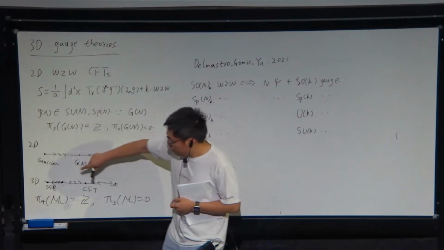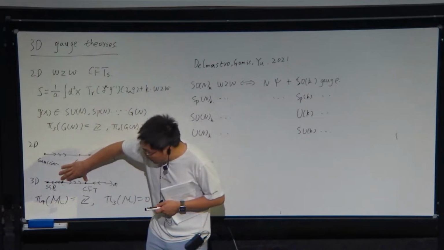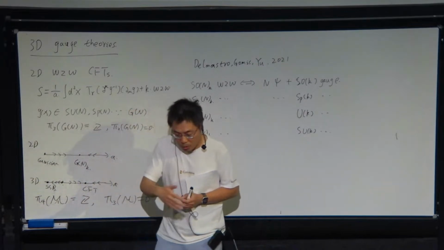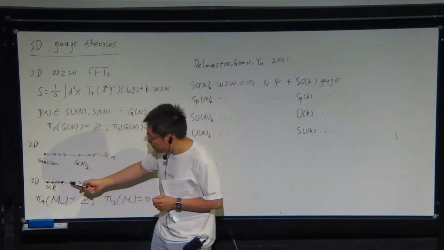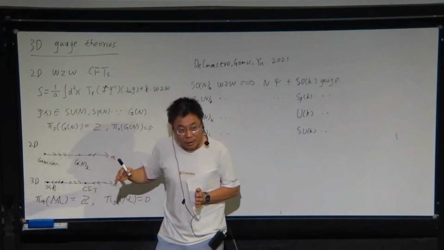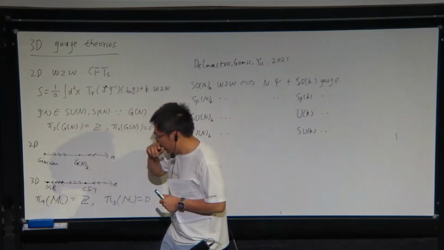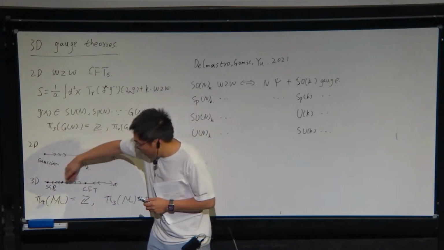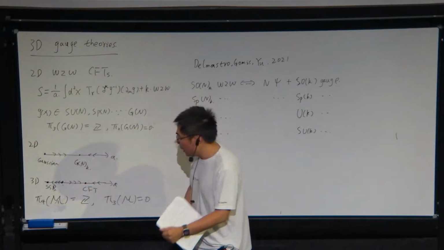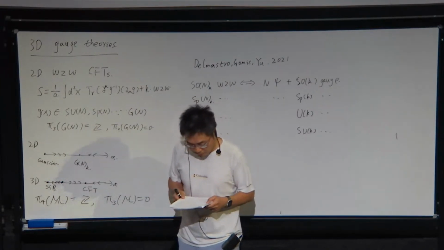In some situations, those two fixed points could merge and collide into the complex plane, which I will also talk about a little bit later, and then those two fixed points will disappear together. Except for that, you would expect there's a non-trivial conformal fixed point for this 3D Wess-Zumino-Witten theory.